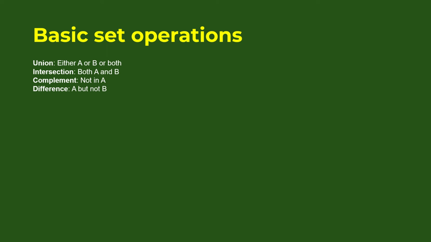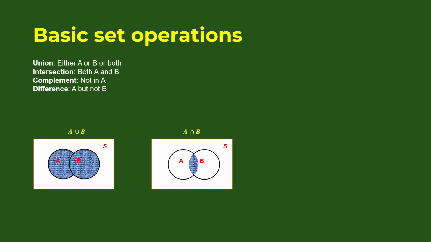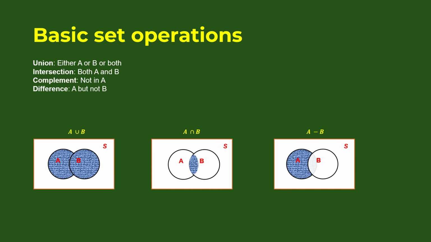A union operation suggests that either A or B or both can occur. Intersection suggests that both A and B occur. Complement is that anything but A can occur in the sample space. And the difference operation suggests that A can occur but not B.